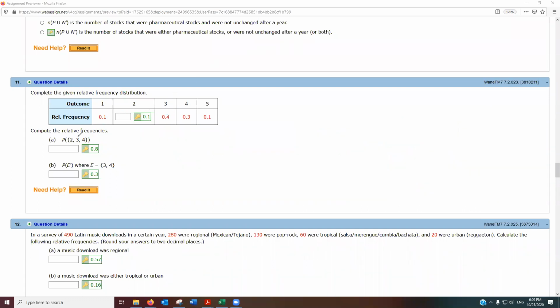So this is really going to be the probability when X is 2 plus the probability when X is 3 plus the probability when X is 4. The probability for X is 2 is 0.1. The probability when X is 3 is 0.4. And the probability when X is 4 is 0.3. So if I add these together, I get 0.8.